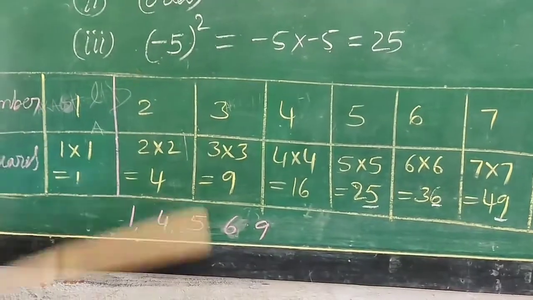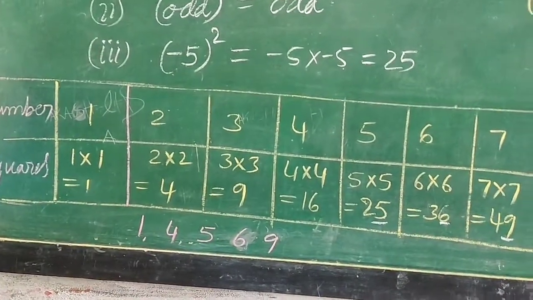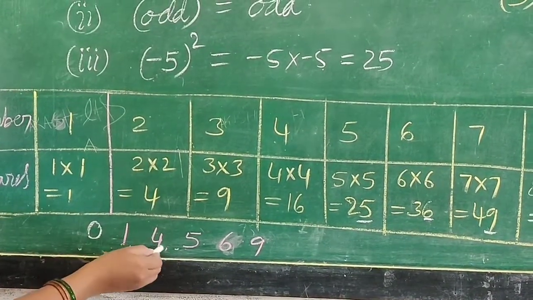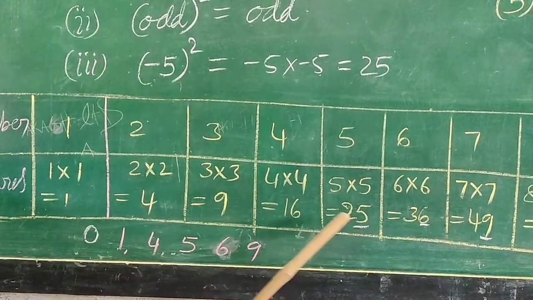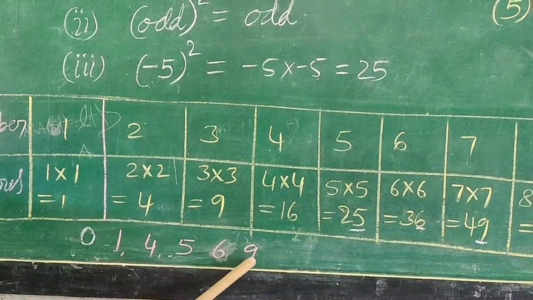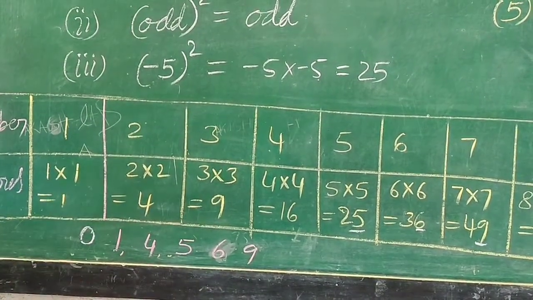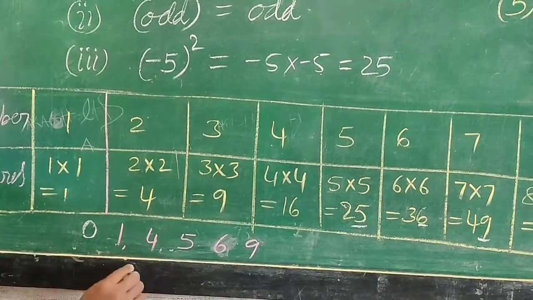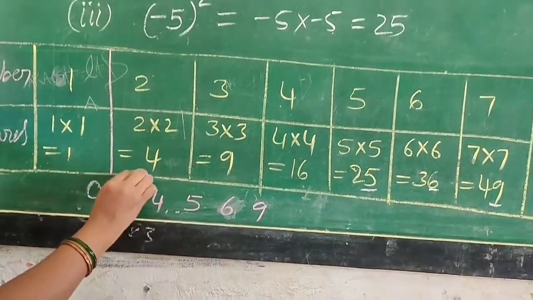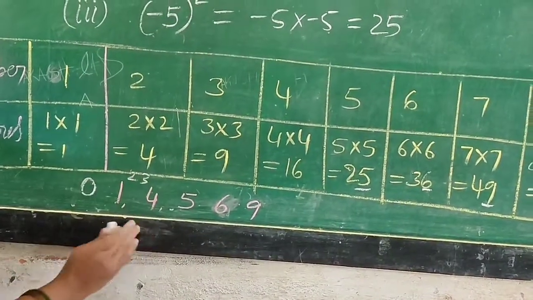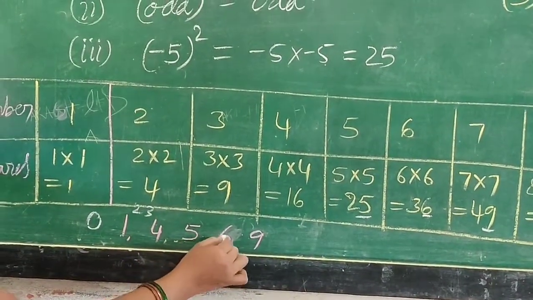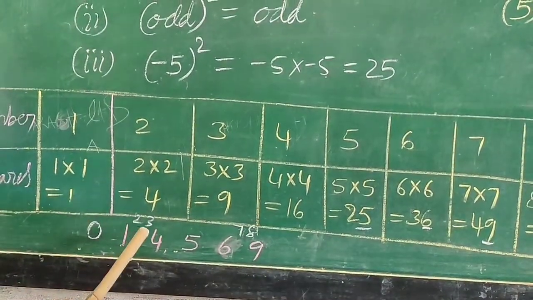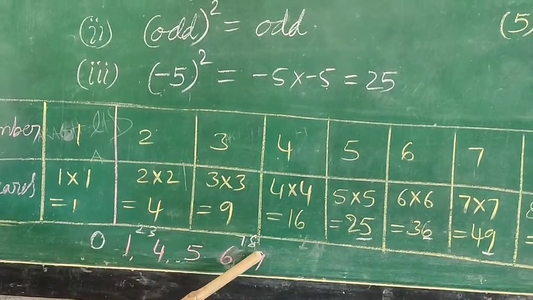Students, you look at these unit digits of a perfect square number. That is 0, 1, 4, 5, 6 and 9. So here which numbers are left in between 1 to 10? The numbers 2 and 3 are left, and also 7, 8. So they never end with the digits 2, 3, 7, 8.